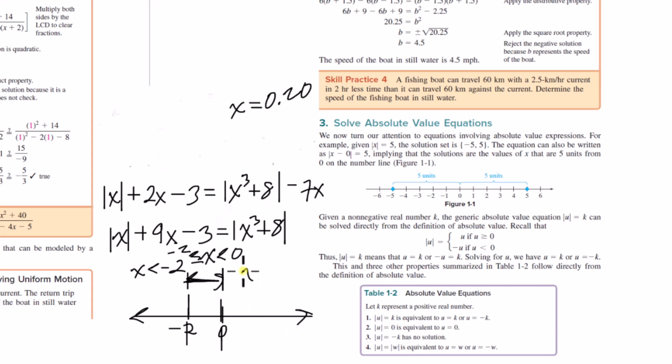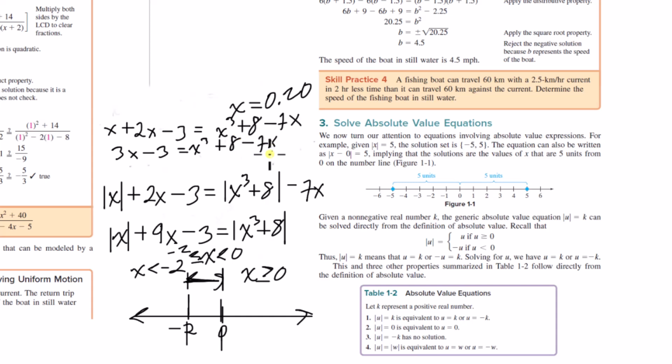Okay, but now we have one more region to check. That's if x is greater than or equal to 0. Because now we're going to do the case where both of these are positive. So we just remove the absolute value on both of these. So 3x minus 3. So x cubed, let's subtract 3x from both sides.